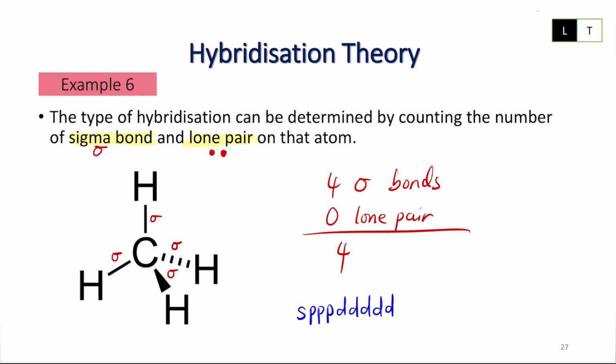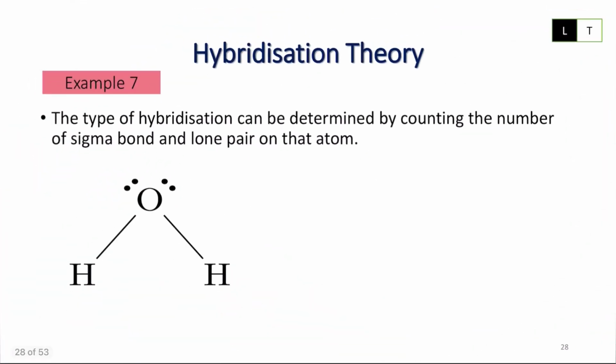Maknanya dia hanya include S, P, P, P. So dah cukup 4. Kita akan buat conclusion type of hybridization untuk carbon adalah sp3. So macam mana nak label? Kita akan tunjuk anak panah dekat carbon sp3. Very simple.